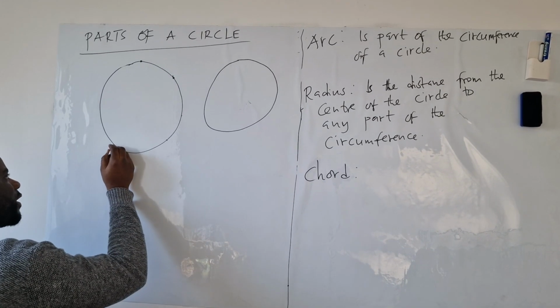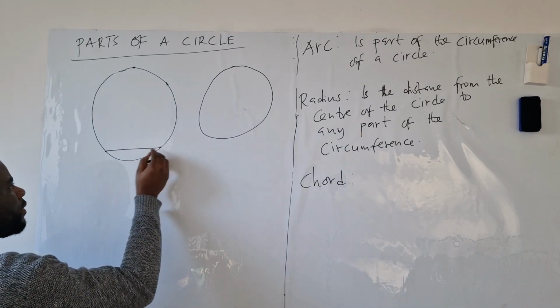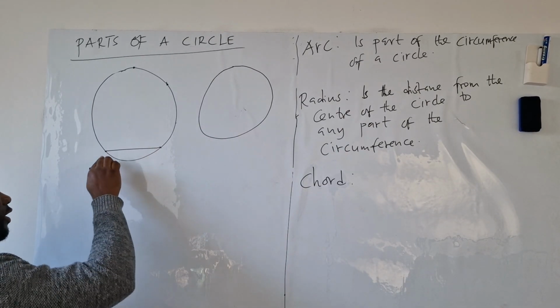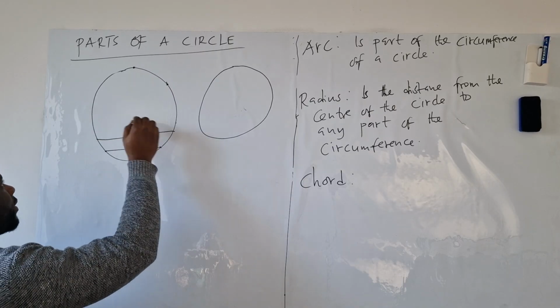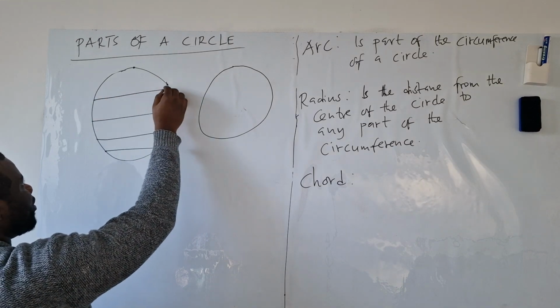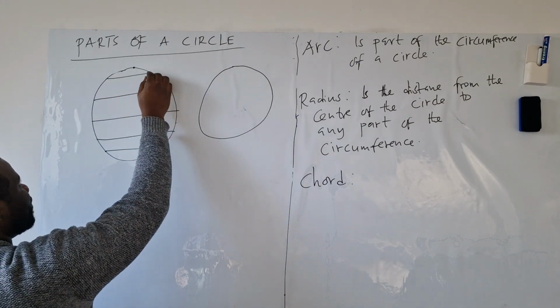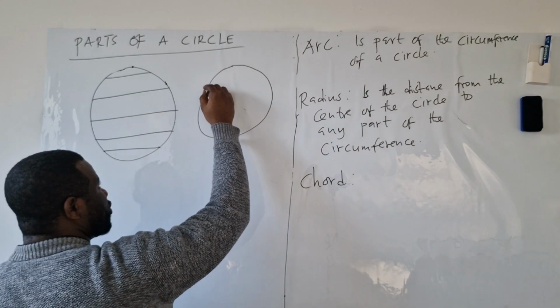So if I join a straight line from this point to that point, it's a chord joining 2 points on the circumference. This is also a chord, another chord, another chord. Right? This is also a chord.